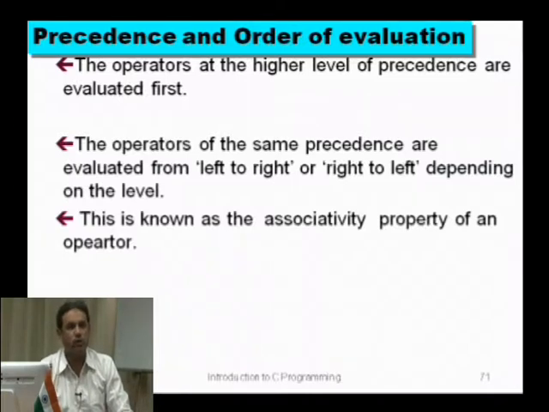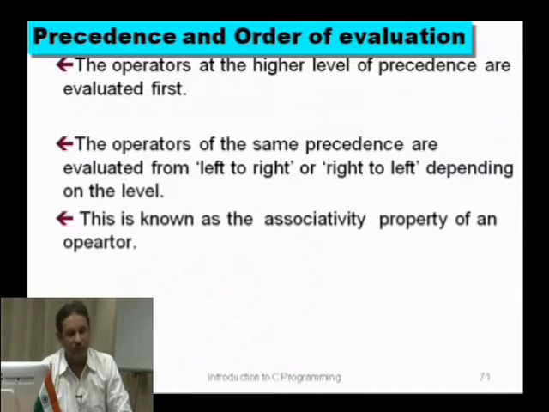That is what we call associativity. The operators of the same precedence are evaluated from left to right or right to left. We shall see which operators are evaluated from right to left; most operators are evaluated from left to right. If the precedence is different, there is no question of associativity. First higher precedence, multiplication and division, then addition and subtraction.